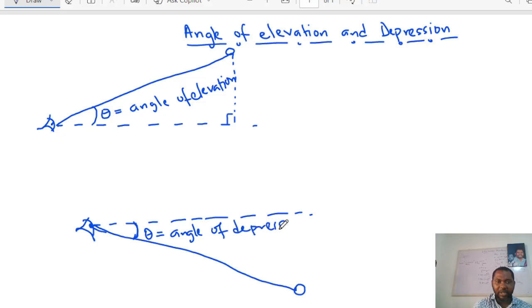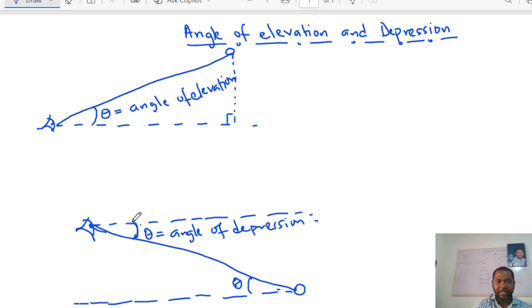And usually in calculation with this angle of depression, when you're asked to calculate the distance, let's say I erect or extend a parallel line, this angle is also the same thing as the angle of depression. You're going to see this a lot in calculations that have to do with angle of depression.